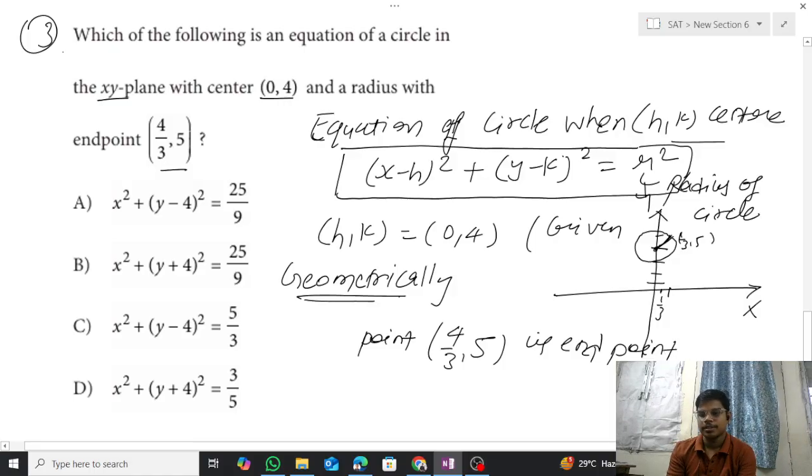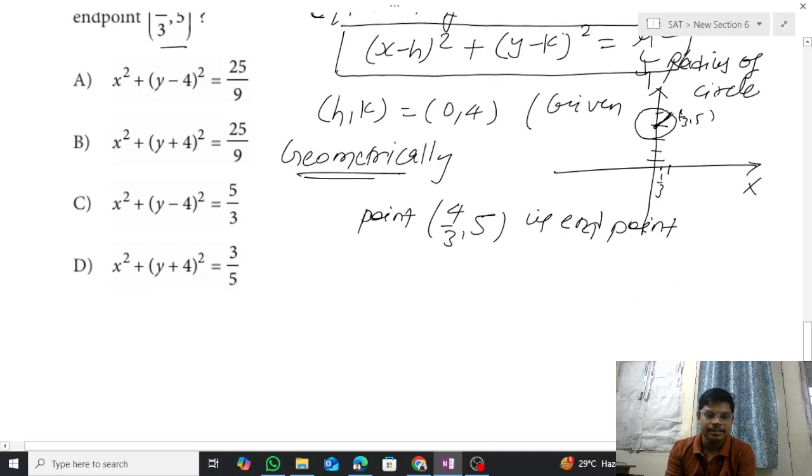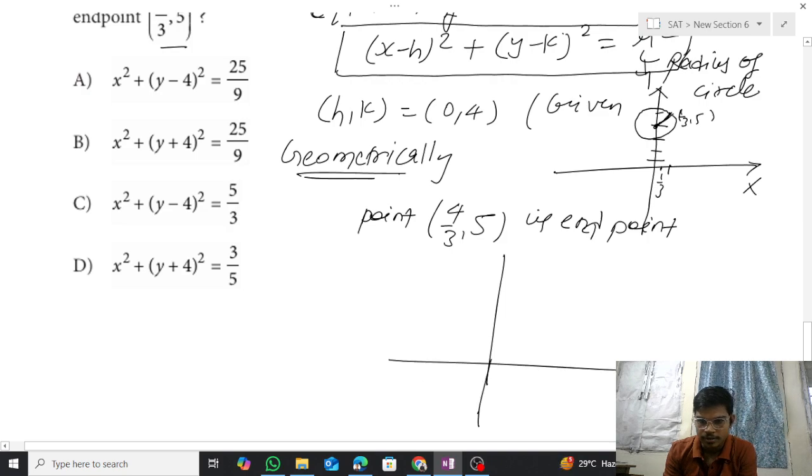So the end point is 4 by 3 comma 5. Let's understand by zooming out. So here suppose this is 0 comma 4, and this is your point, 4 by 3 comma 5.